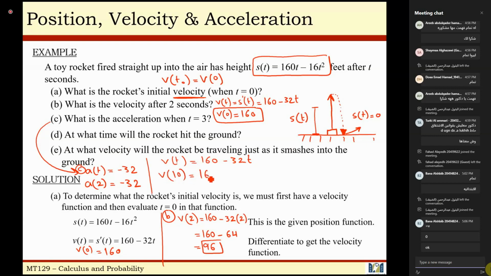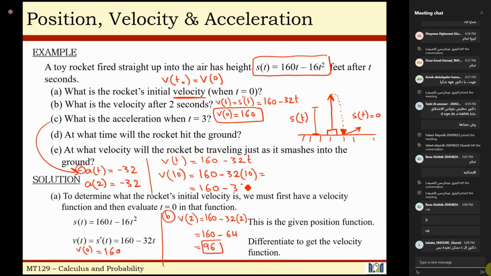We have 160 minus 32 multiplied by 10, which is 160 minus 320. So this is equal to v of 10.